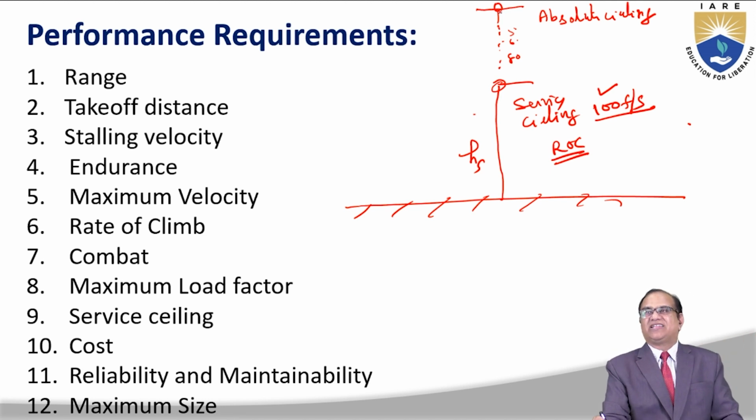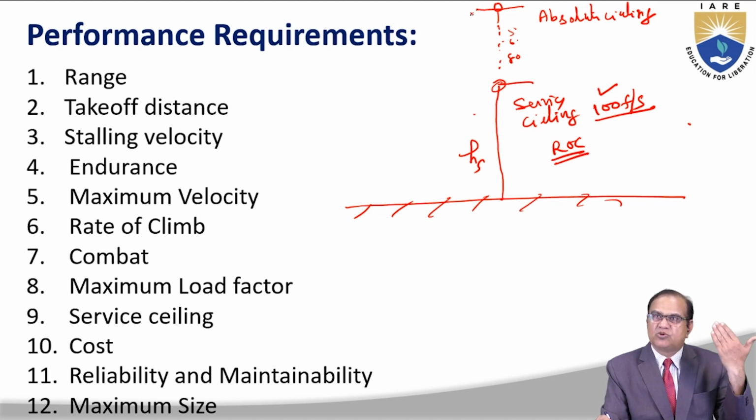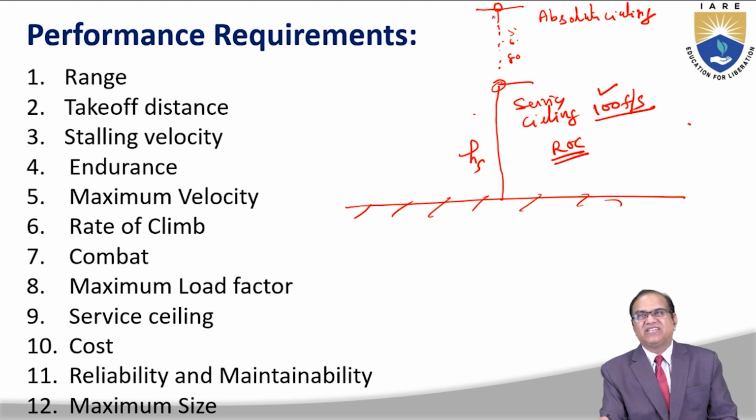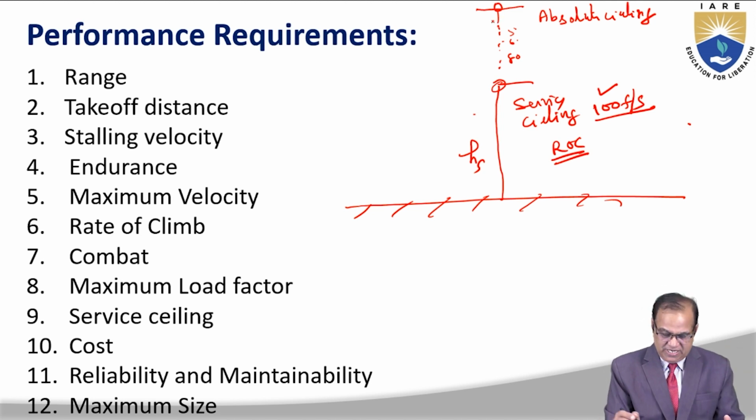So above the absolute ceiling it is not possible to climb. But above the service ceiling, it can climb, but the rate of climb will be reduced from 100 feet per second, or the designed rate of climb will not be achieved. Aircraft can go up to the absolute ceiling, but after that, it cannot climb beyond that. So that is the meaning of the service ceiling.